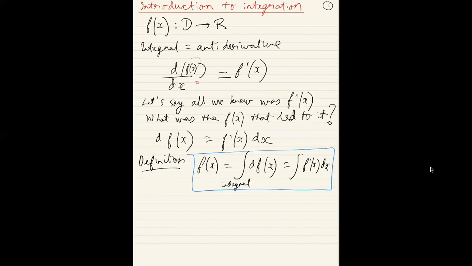What it really does is to take a curve g of x.